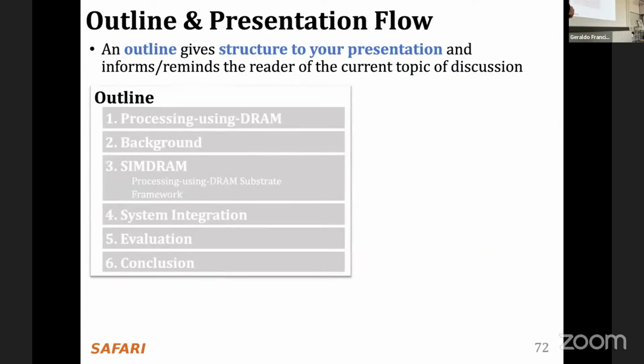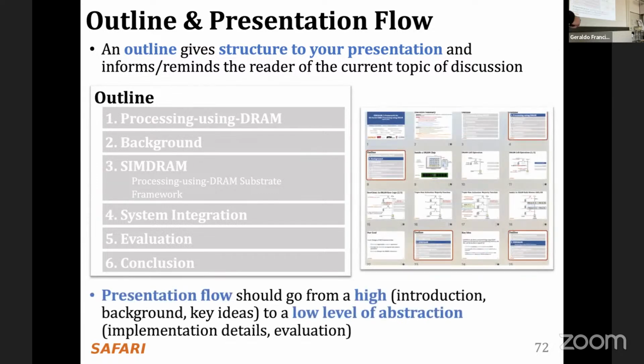Then the outline. Since we are following the same structure for all of the seminar classes, the outlines of the talks are more or less similar. But still, I believe it's quite important to have an outline for your talk, because it gives you as a presenter a much more structured way of going through the presentation flow.